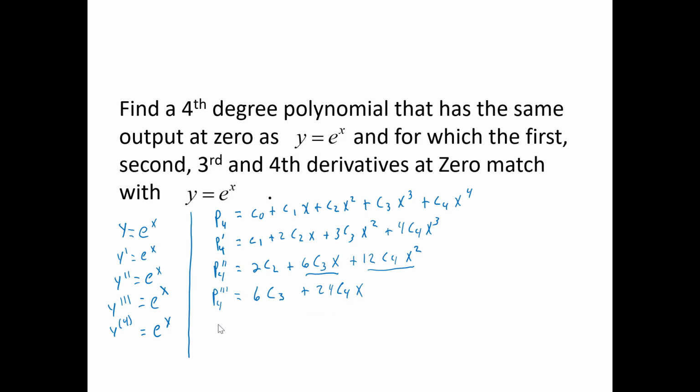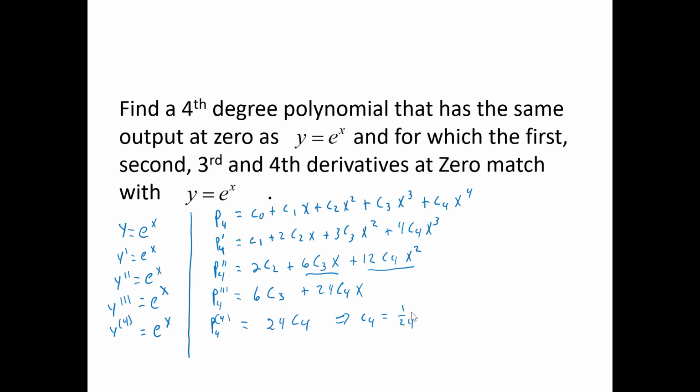And so now finally to find C4, I'm going to take my fourth derivative, and this term will go away. I will just get 24C4. And so then C4 will equal 1/24.